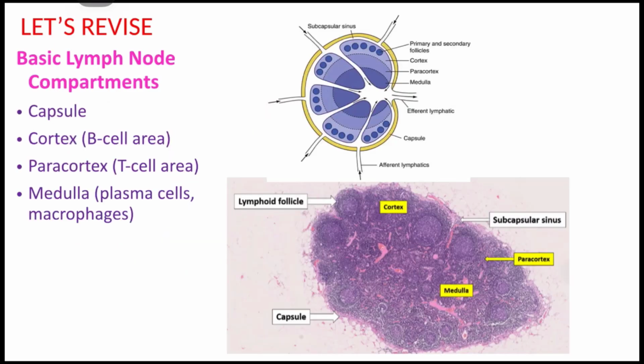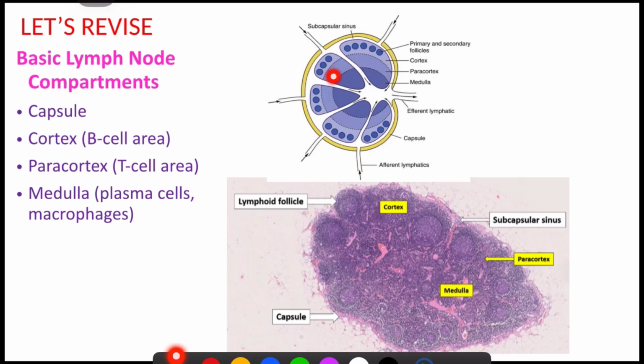So let's revise. In our previous video, we discussed the histological appearance of a lymph node. Here you can see this is the lymph node capsule, and beneath it the subcapsular sinus. These are lymphoid follicles residing in the cortex.